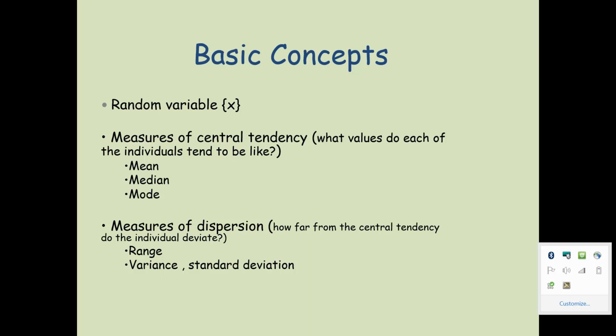That would be one measure of the central tendency of the values, essentially saying that the values of a particular variable would fall around the mean value. The median would be the value for which 50% of the values in the sample would be below it and 50% would be above it. And the mode would be the value from the sample that has the highest frequency of occurrence.